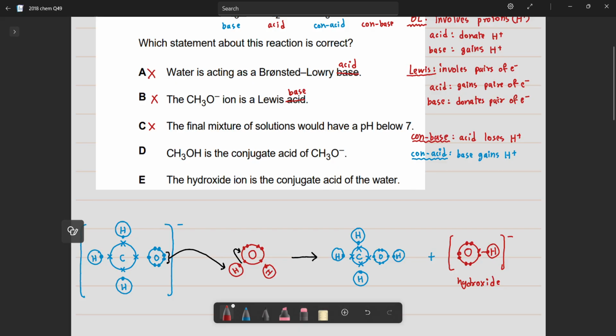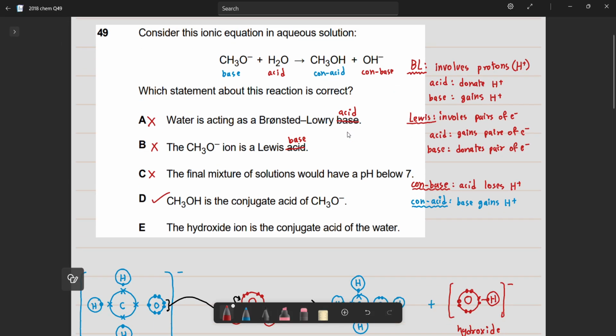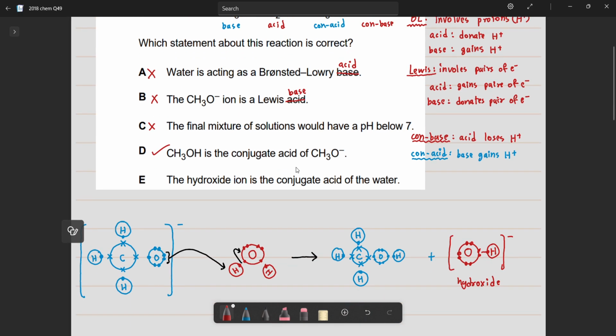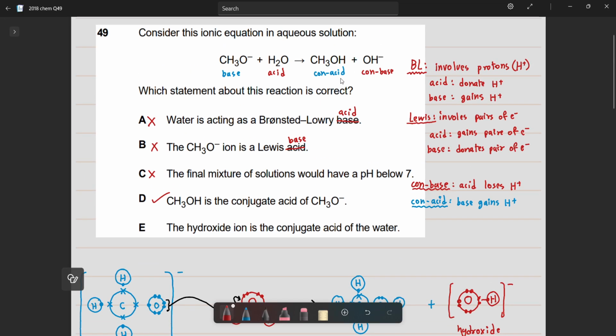The methanol is the conjugate acid of the methoxide ion, which is a base that gains the proton from the water to form that conjugate acid.